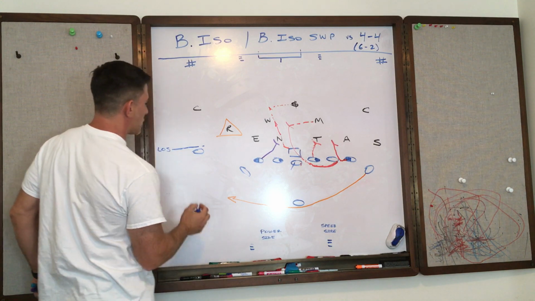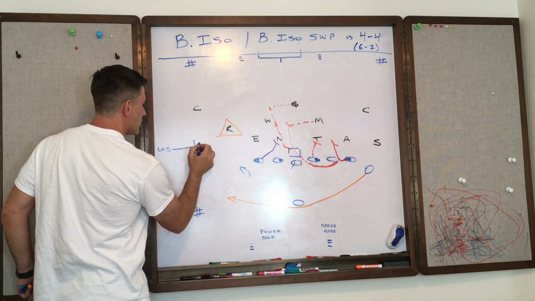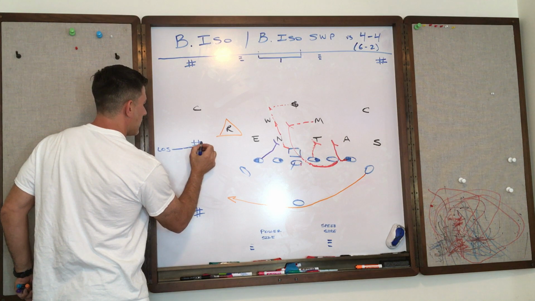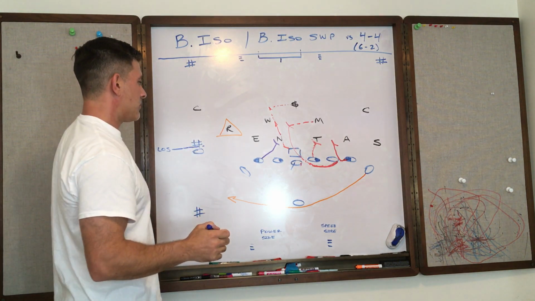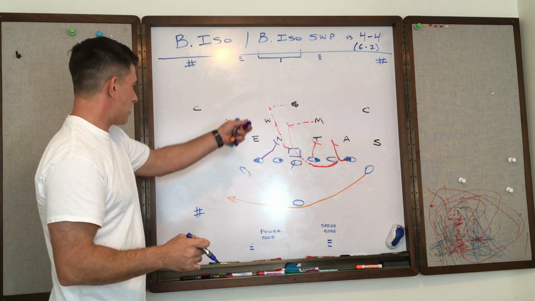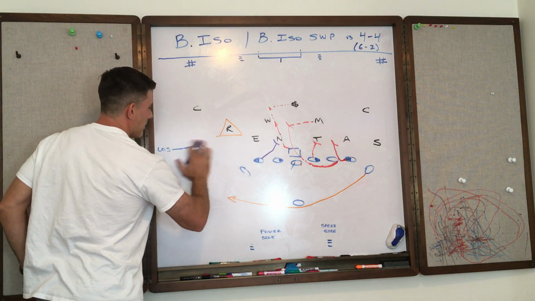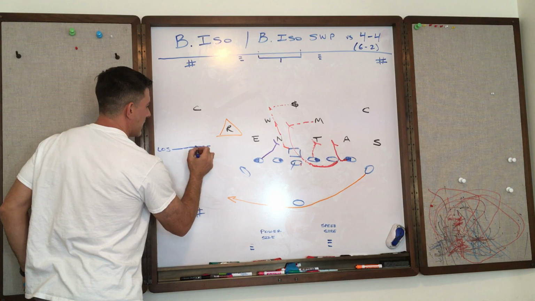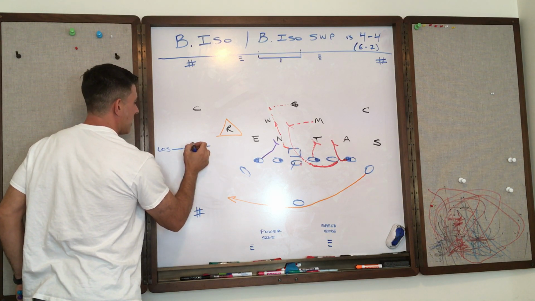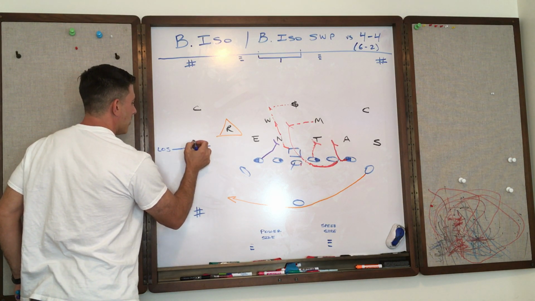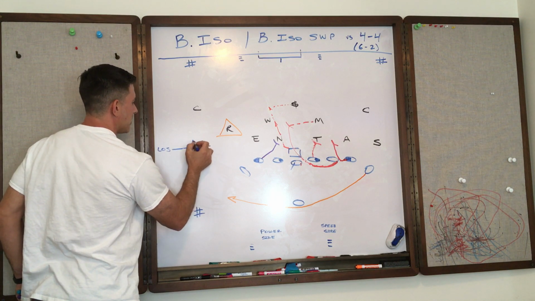He's headed to the line of scrimmage right where the numbers are, the middle of the numbers, right where the middle of the numbers and the line of scrimmage intersect. Let's just say the X is on the numbers.